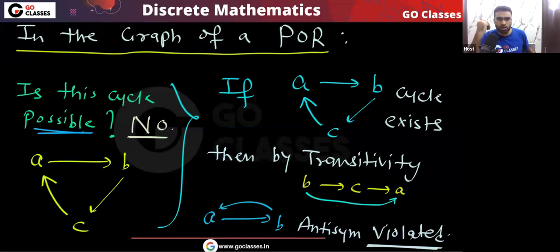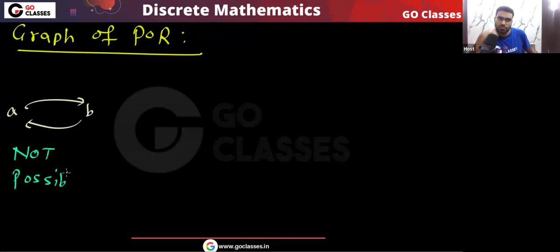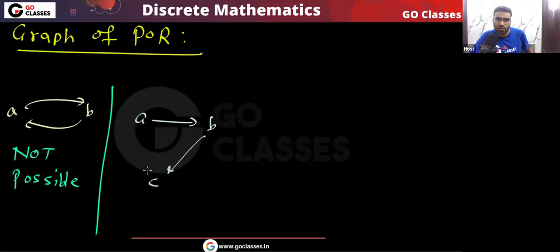So in the graph of a partial order relation, can it have a cycle? Finally, you tell me. You cannot have this type of cycle. Not possible. Remember, you cannot have this type of cycle. Again, this is not possible.